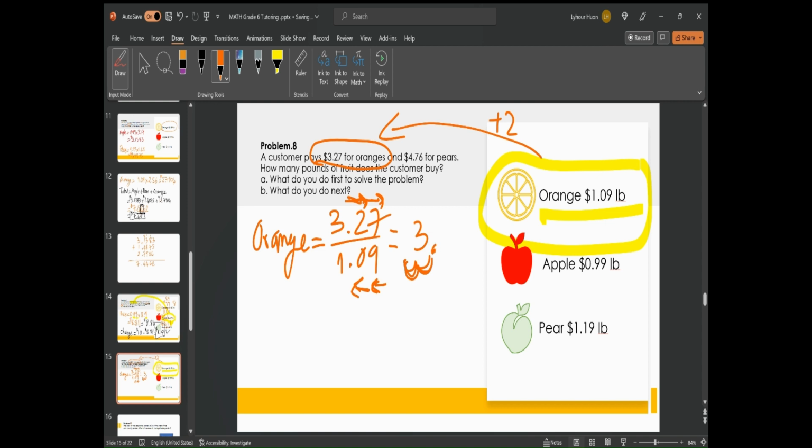So it is 3.0, but 3.0 is a whole number, because after the decimal, zero means nothing. So it becomes three anyway.